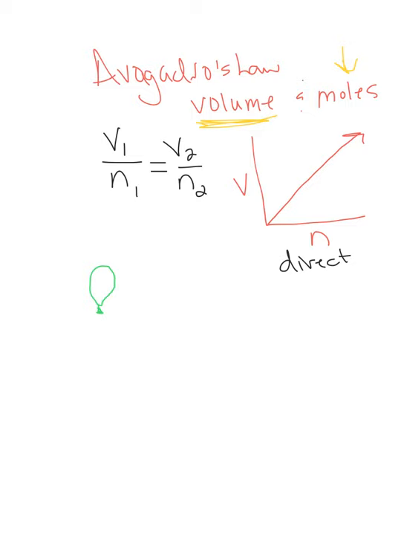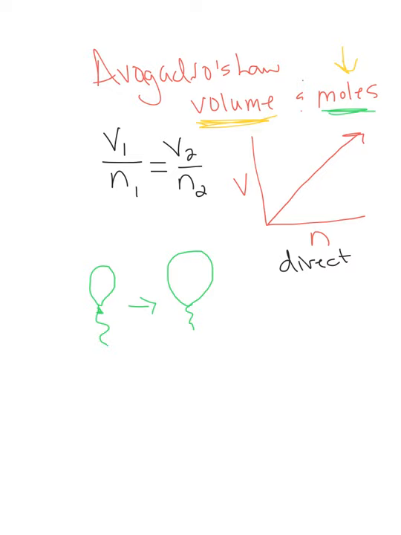It can still be inflated, right? So if I add more air to the balloon, that would be me increasing the moles of the balloon. Therefore, the volume of the balloon would increase and it gets bigger. So just imagine someone blowing up a balloon.